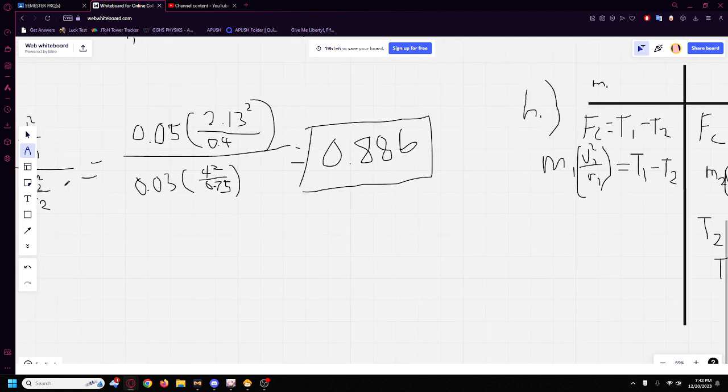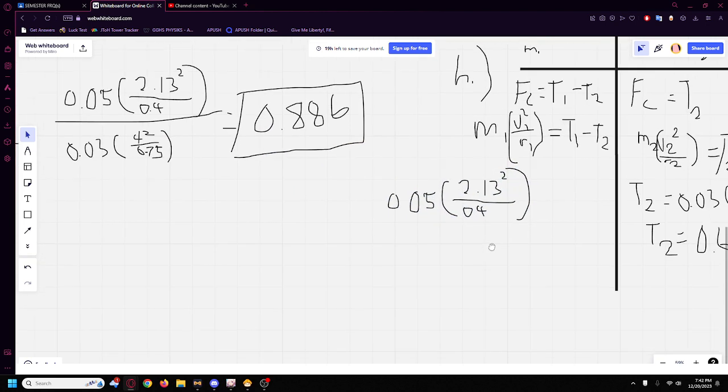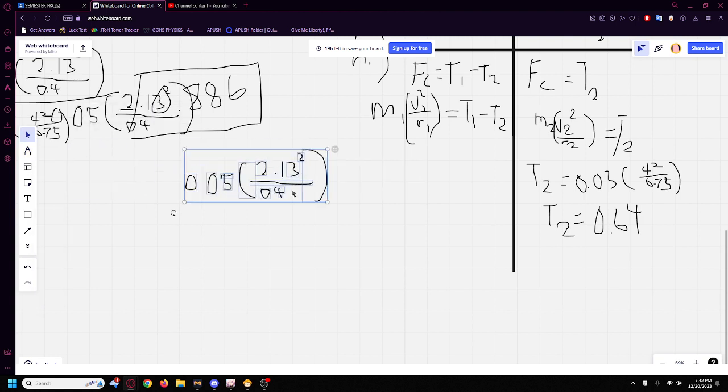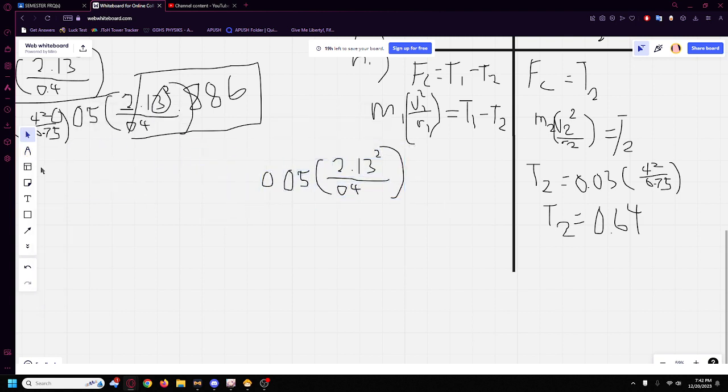So 0.05 times 2.13 over 0.4, plus T2 is equal to T1.